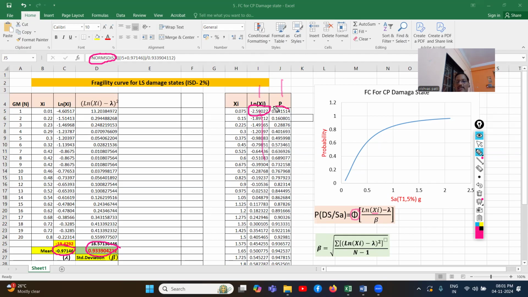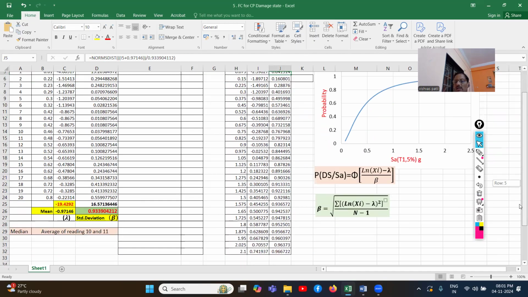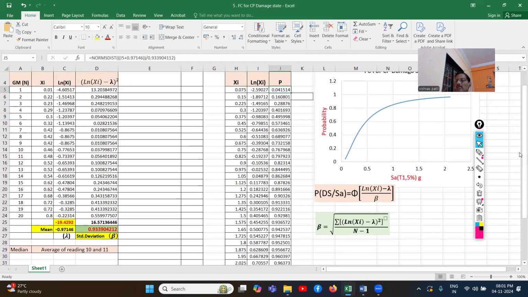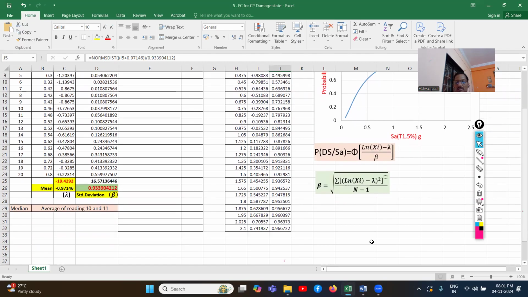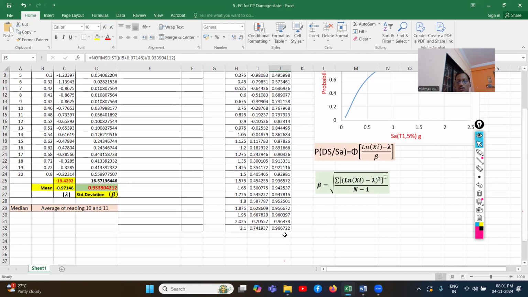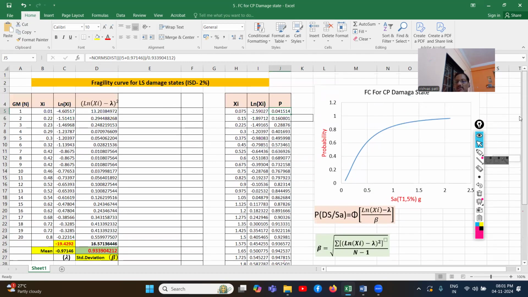We get the probability for the first reading, and then do the similar calculation for the remaining readings. So this is 0.16, 0.2, and finally it is 0.96. After that, the reading is 0.96, and the maximum probability should be equal to 100%, that is 1.